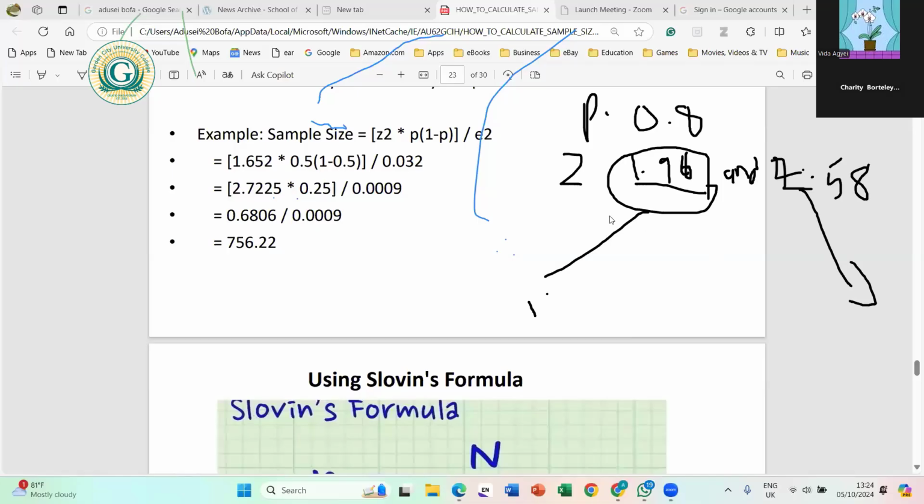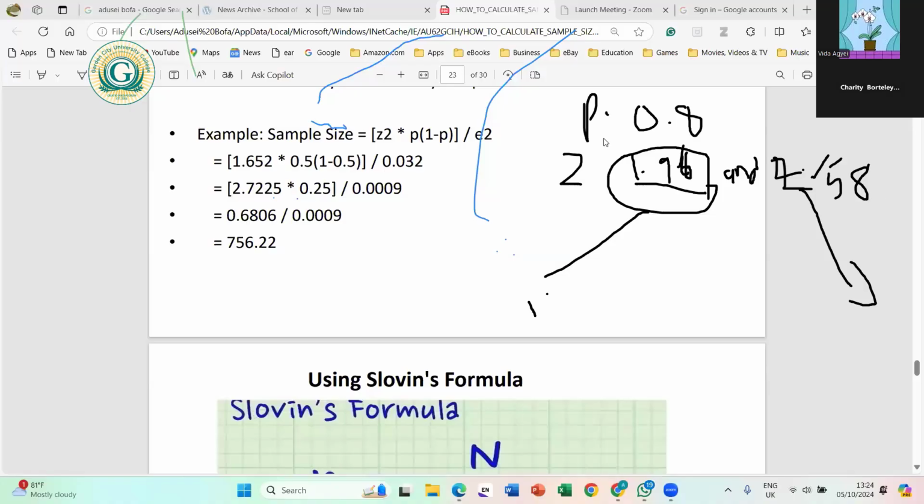Because I said that the researcher advised that you use 1.96 and 2.58 with 0.02 to compute the sample size. And now he's asking about the sample. So once he advised 1.96 and 2.58 as the Z-score, then it means that you have to use 1.96 and 2.58.